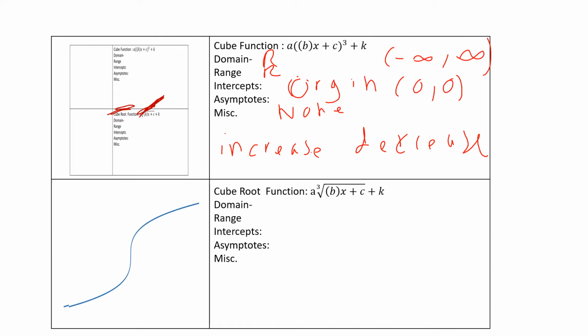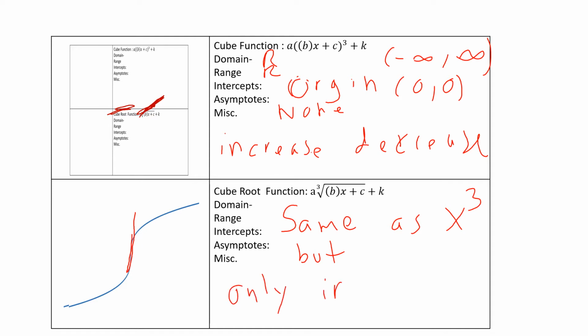And basically here, the cube root, like we just said, is the same as the cube function, but the miscellaneous parts are different. It has only increase.